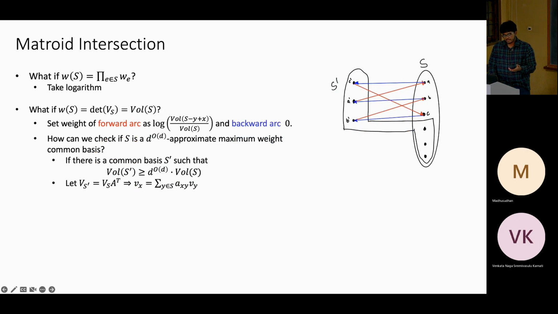these vectors. So let Vs dash be Vs times A transpose, which means Vx is the sum of Axy Vy. So the ratio of volumes is just the determinant of this transformation matrix.